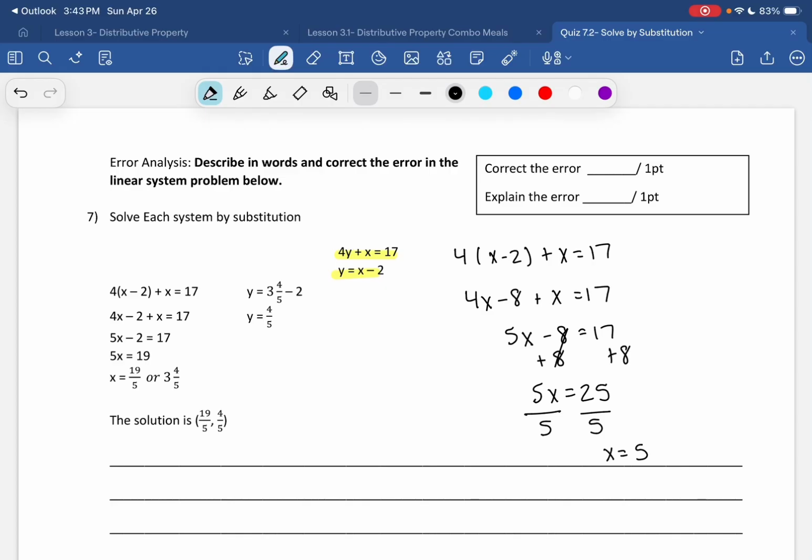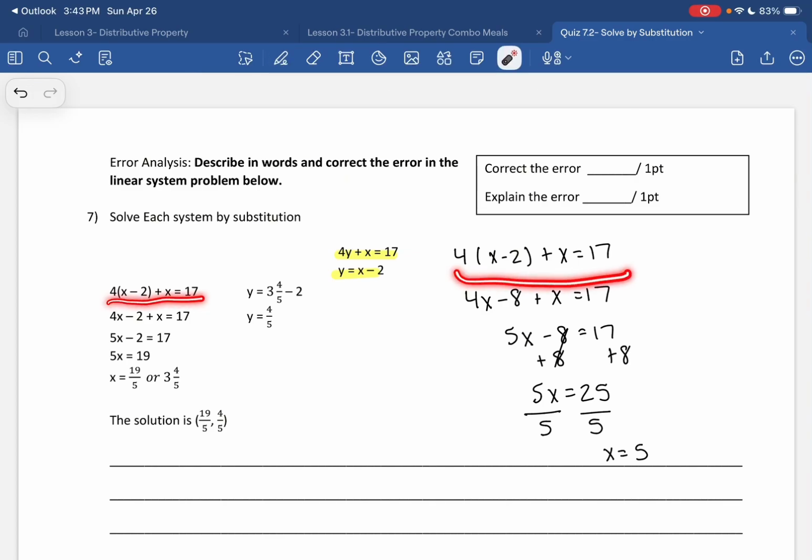Okay, they got, for x, 19 over 5, or 3 4/5. So let's look at our work compared to their work. Looks like in this step, we have the same. Then they have 4x minus 2 plus x equals 17.